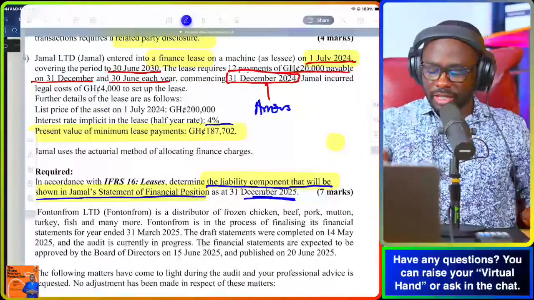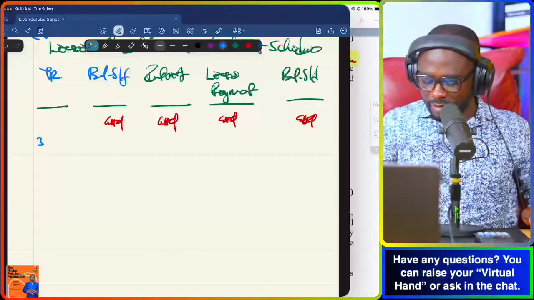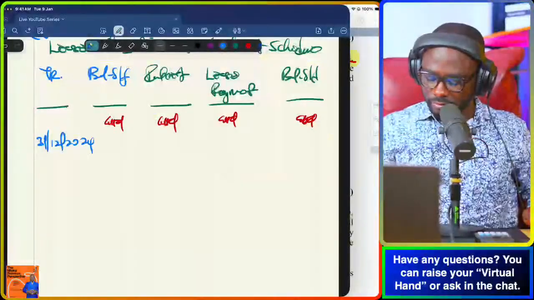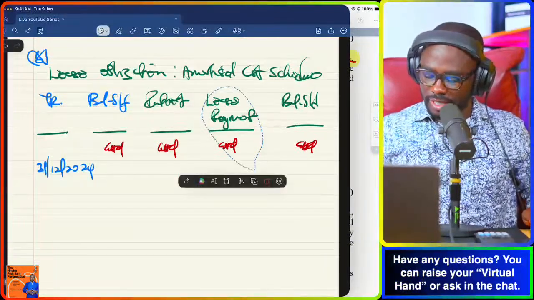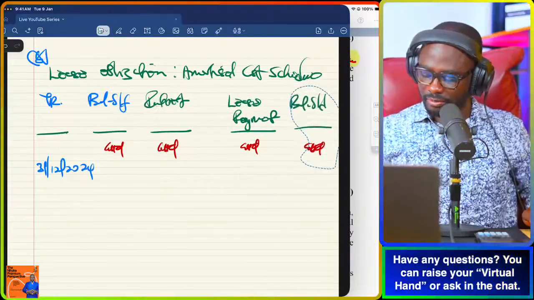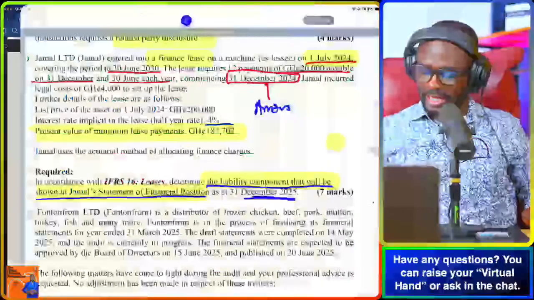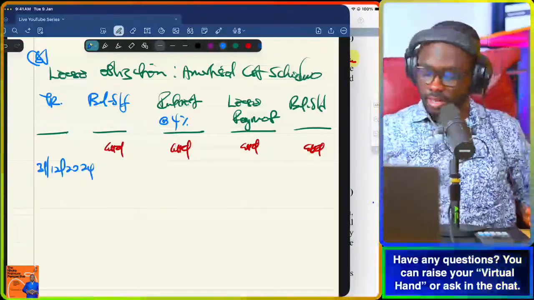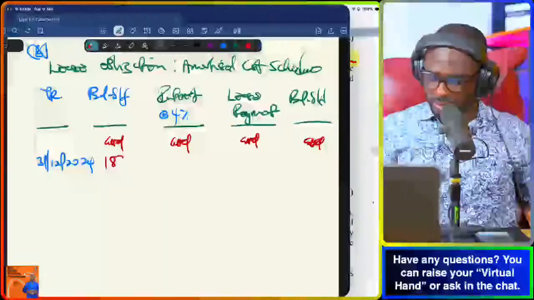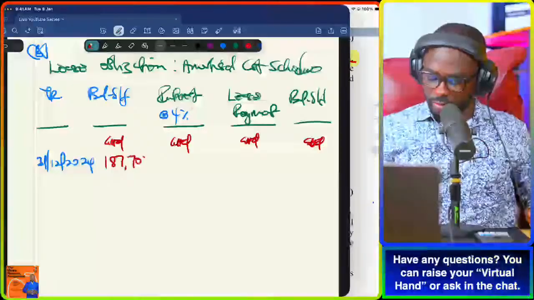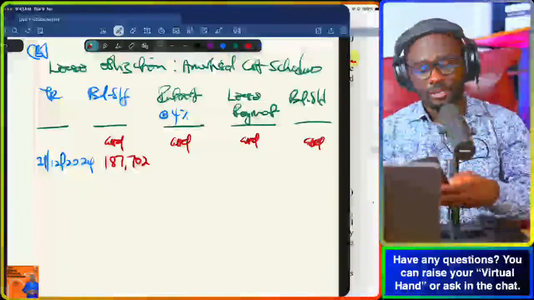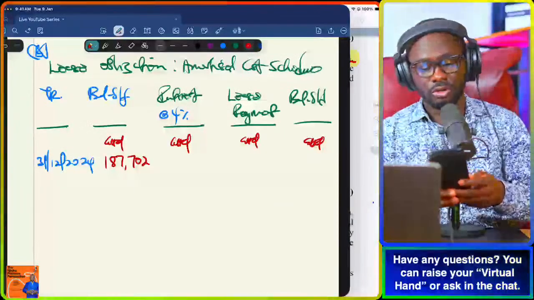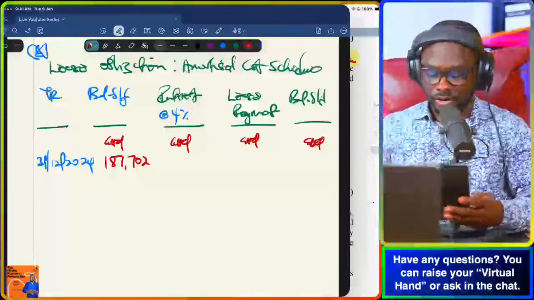So from 1st July, we will end on 31st December 2024. Give me a sec. Let's see if I can bring some things here. 4% interest rate implicit in the lease. What do we have? 187,702. So we do 4% on that: 0.04 by 187,702, and that is 7,508.